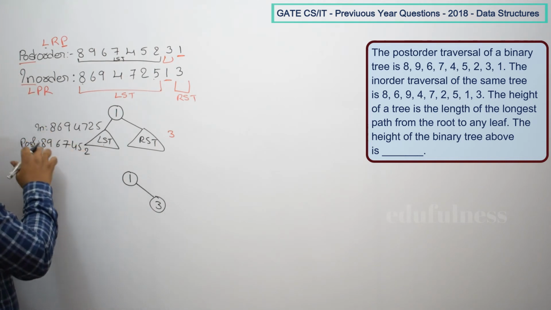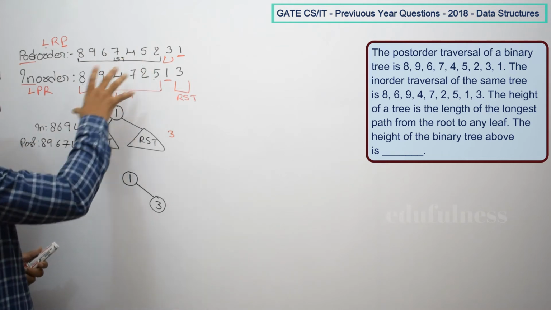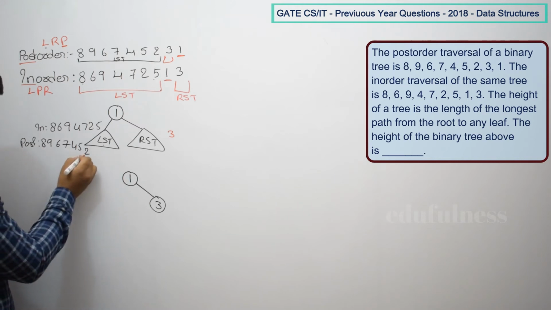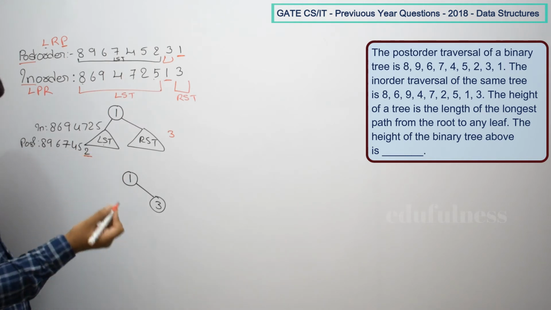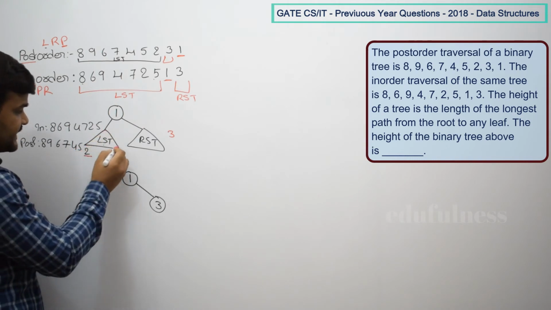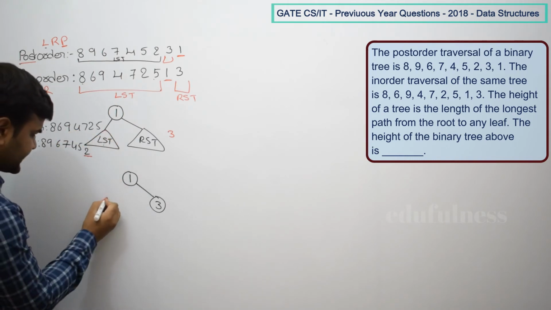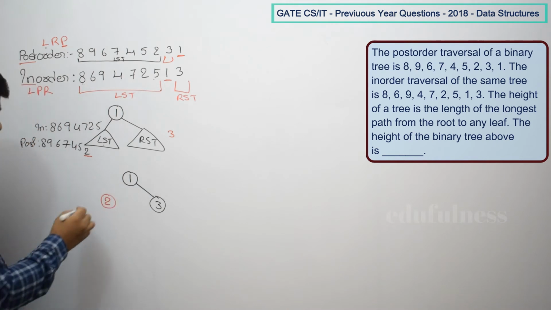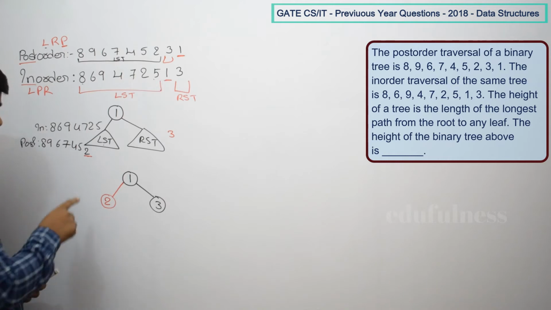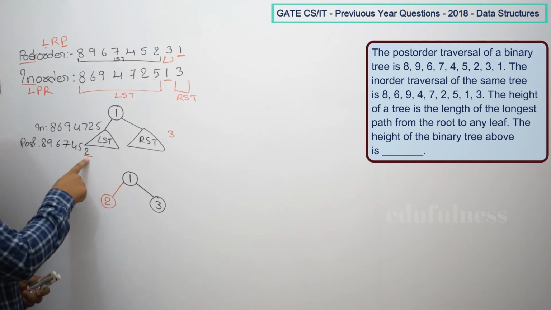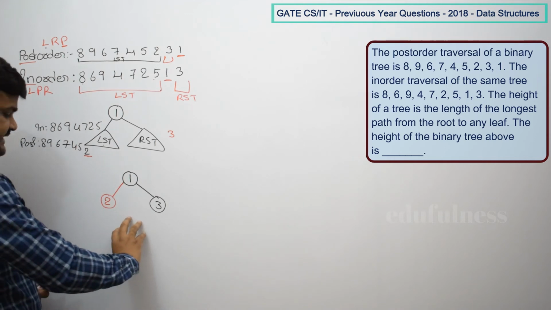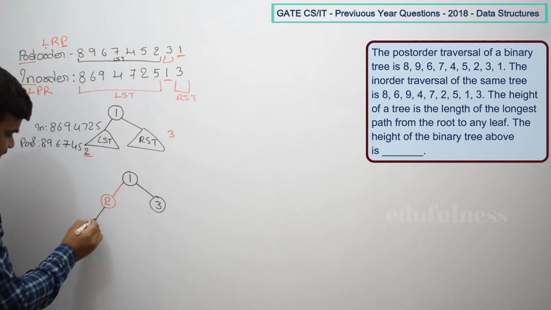So the same thing is applied recursively here. In the post order, whoever is at the end will become the parent node, or root node, of this left subtree. That means 2 is here, so this is the left child of 1. Now for 2, what are the vertices in the left subtree and what are the vertices in the right subtree? That is what we have to find out now.